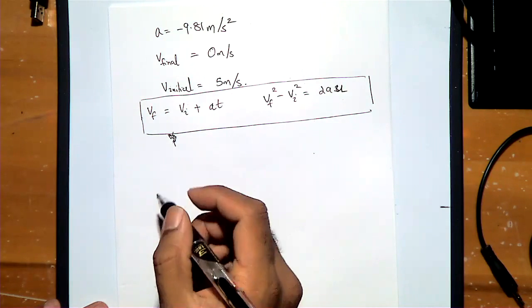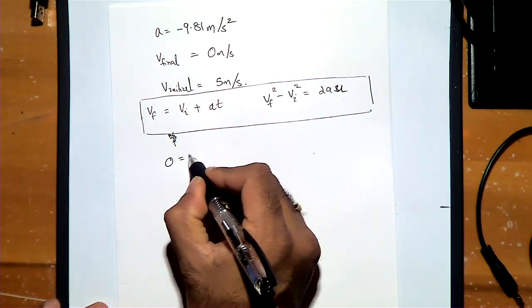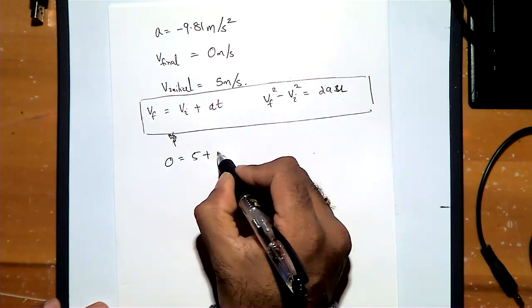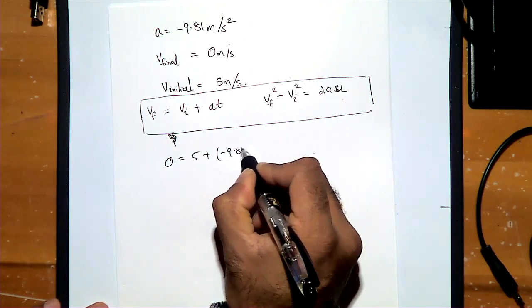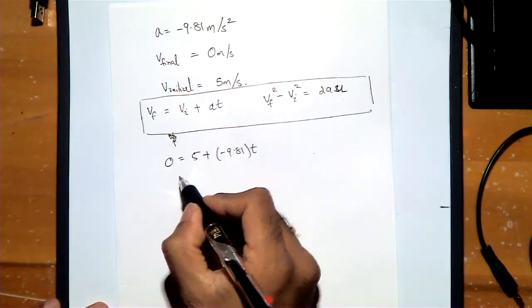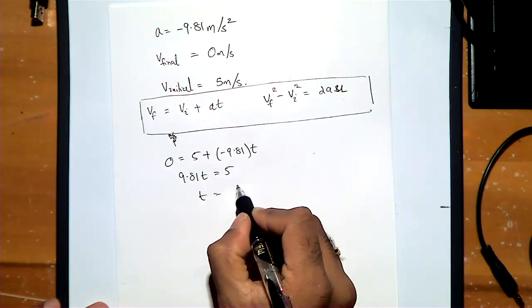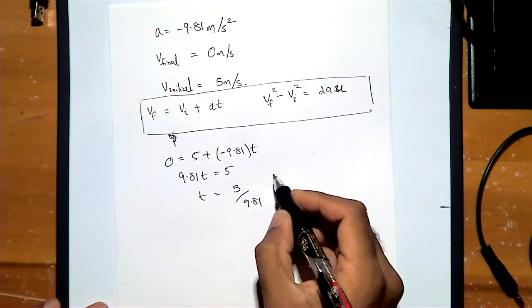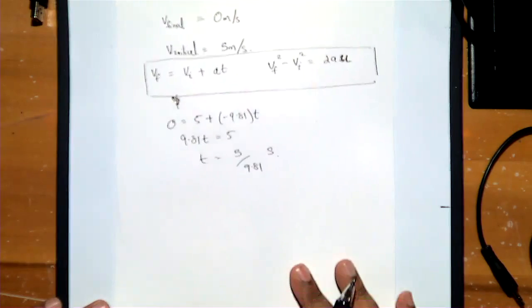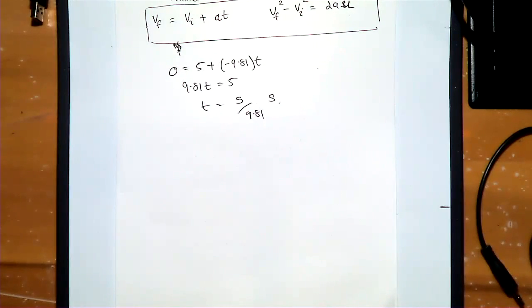So for instance, I would write 0 equals 5 plus negative 9.81 times t. So 9.81 t equals 5. t equals 5 divided by 9.81 seconds. And I'll let you do the calculator solution.